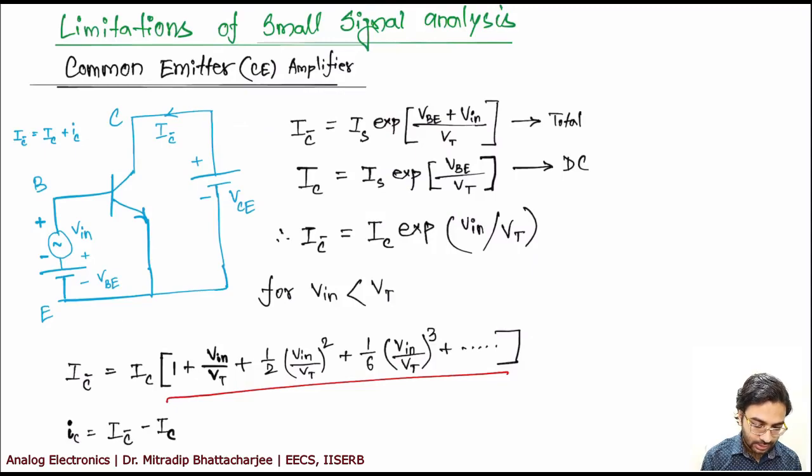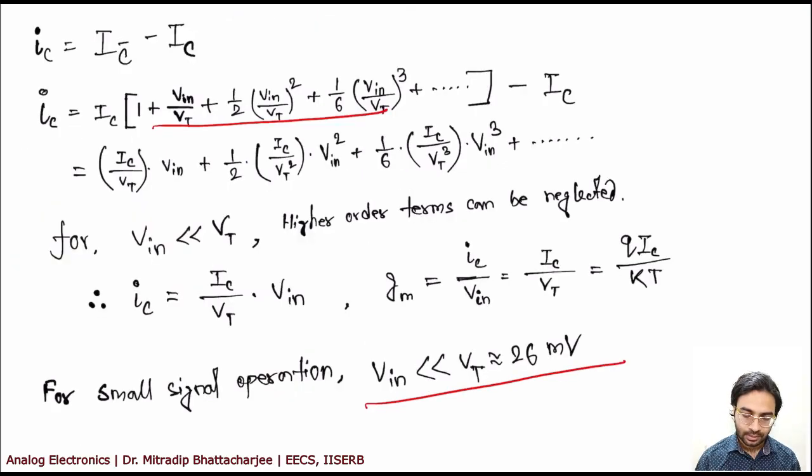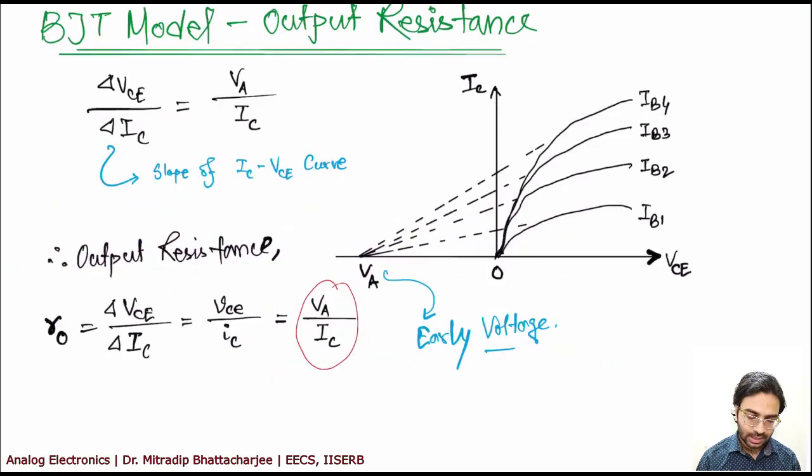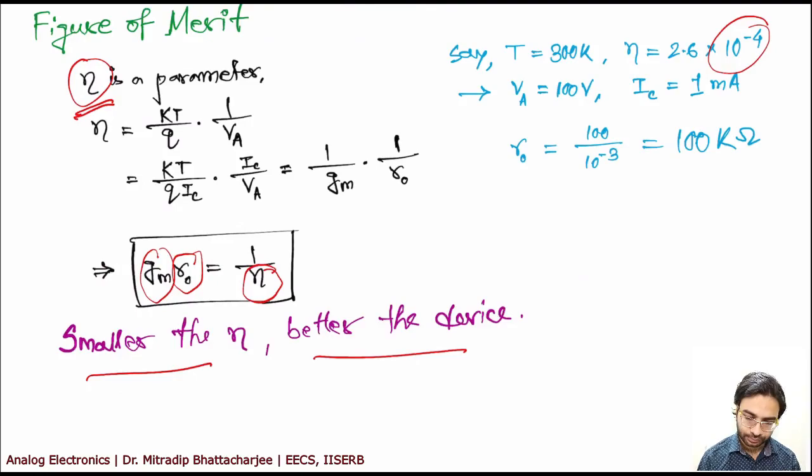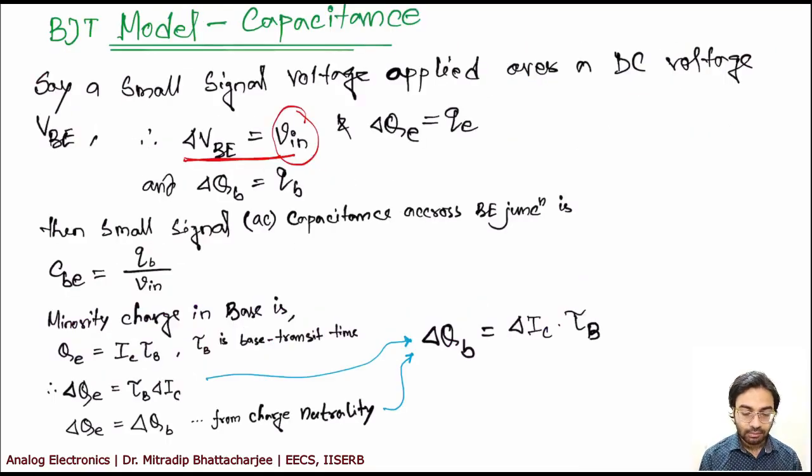So whatever VB is the constant bias that I have already said, or whatever is the change on this input side, delta VB can be taken as small vin, which is the AC component. Then we have delta QE equal to small qE. Delta QE means change in the carriers in the emitter side can be treated as small qE.